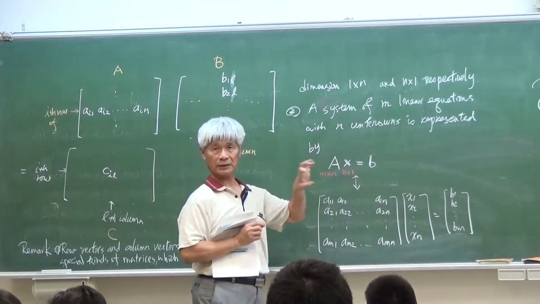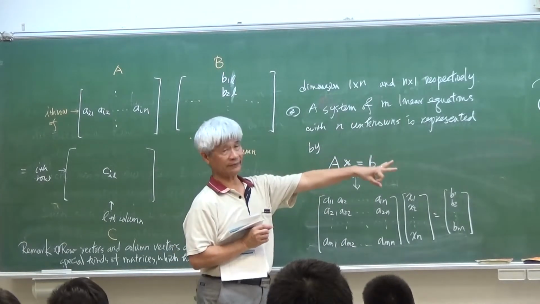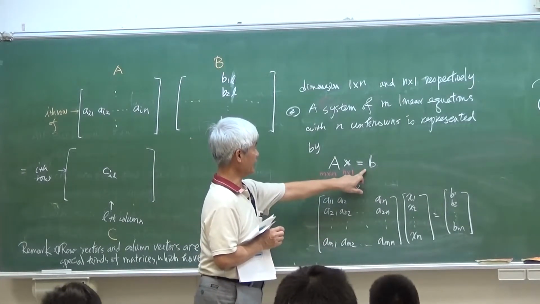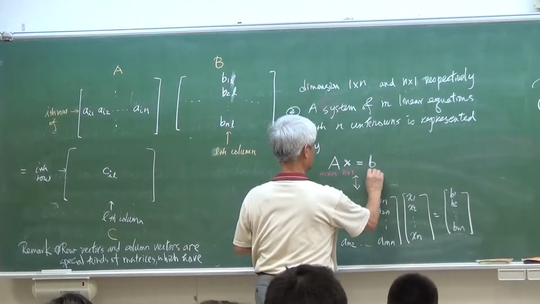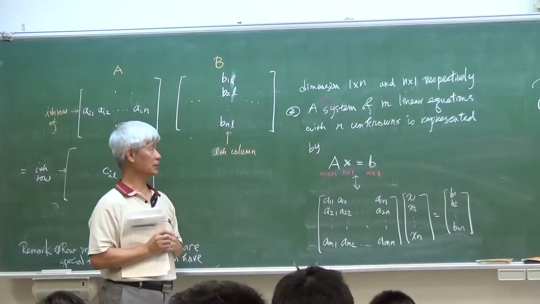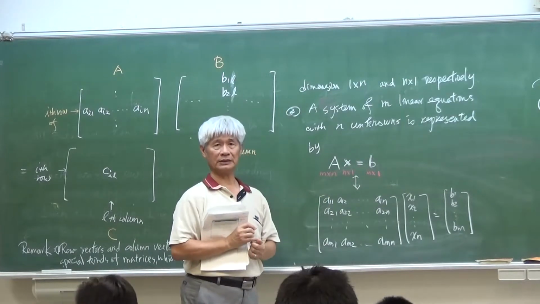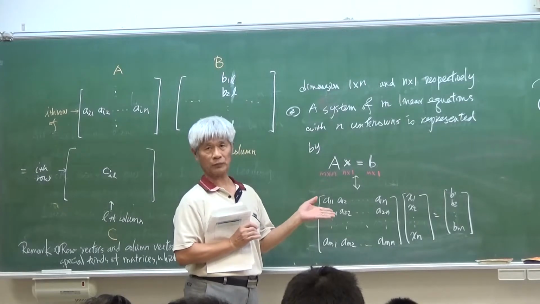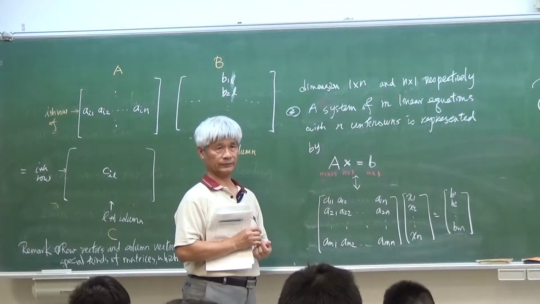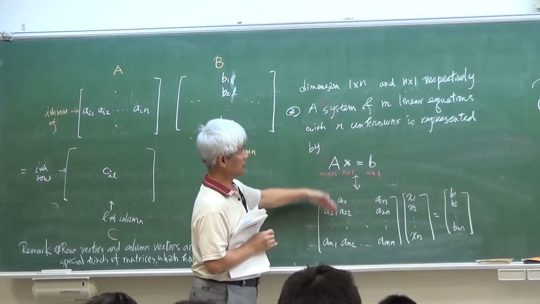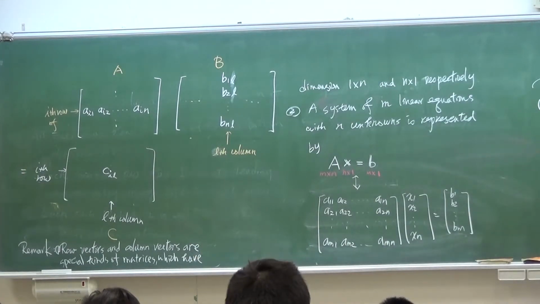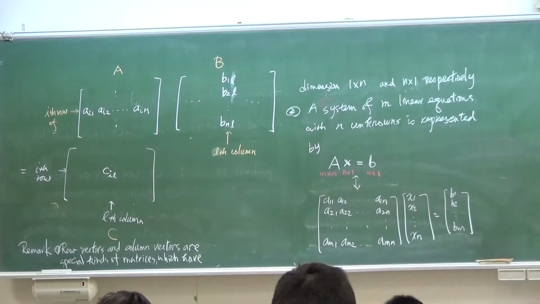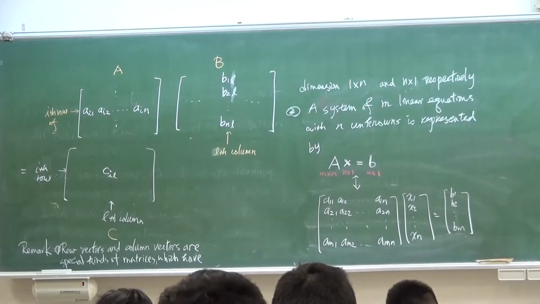So this product is meaningful according to our definition of the multiplication of two matrices. And the result is m times 1. So the right-hand vector b is an m times 1 matrix, of course a column matrix. So it fits our definition. Questions?